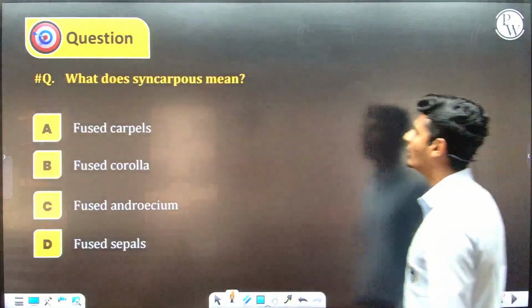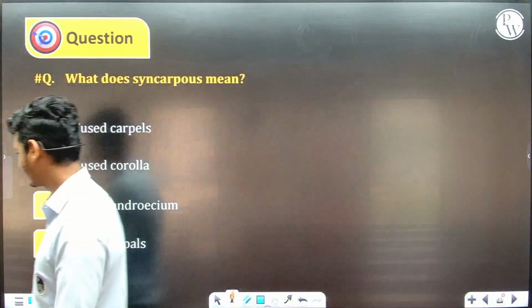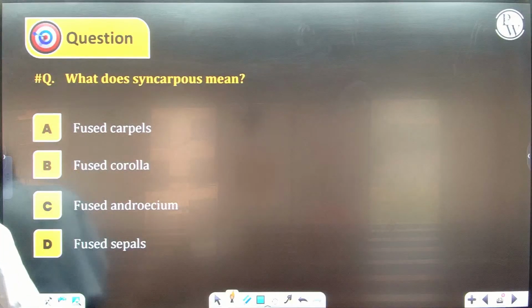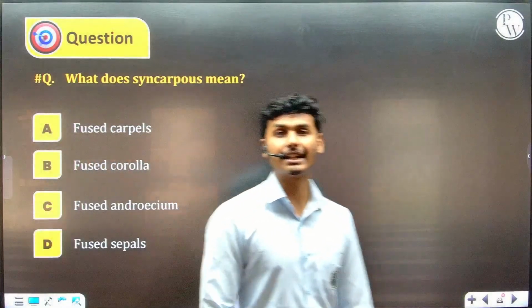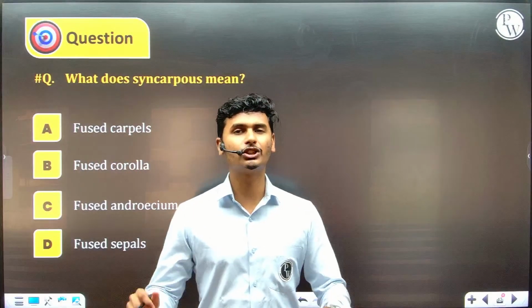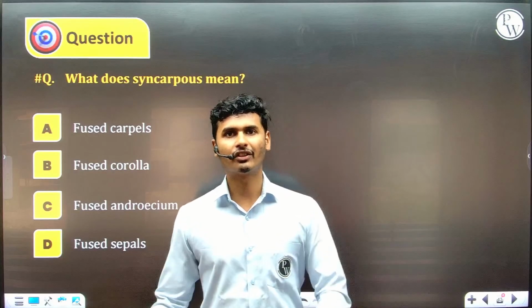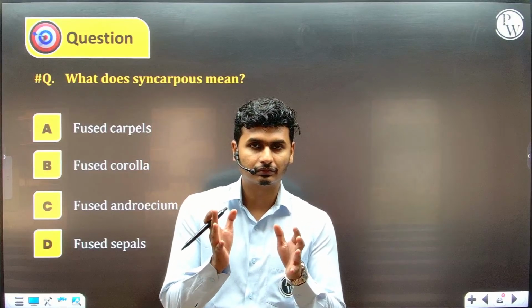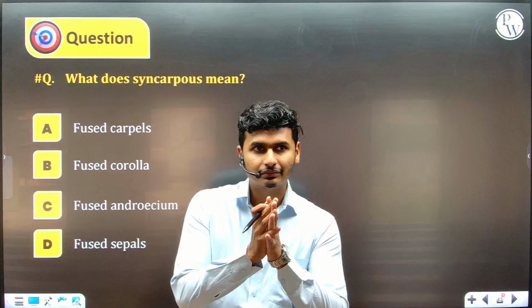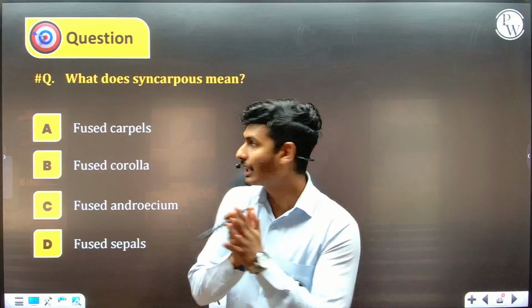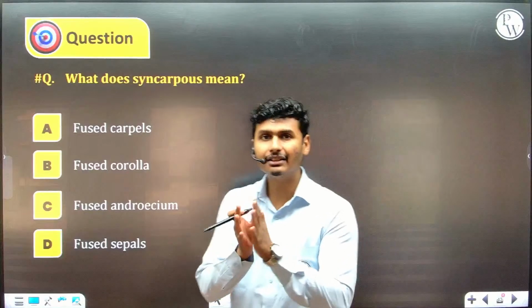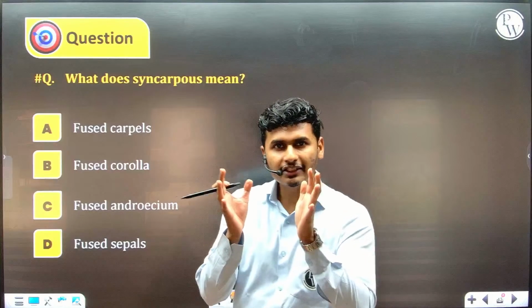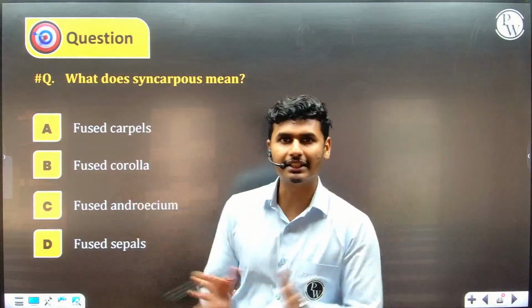Another MCQ. What does syncarpous mean? Anyone in the chat section? Syncarpous and apocarpous are two terminologies in the morphology of flowering plants. If carpels, sorry, not petals, carpel means the female reproductive part, the gynoecium, are fused, then it is syncarpous, and if free, it is known as apocarpous.